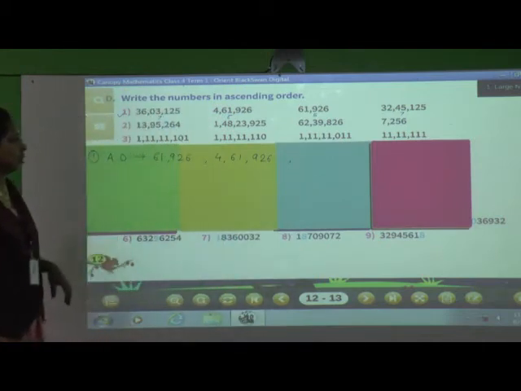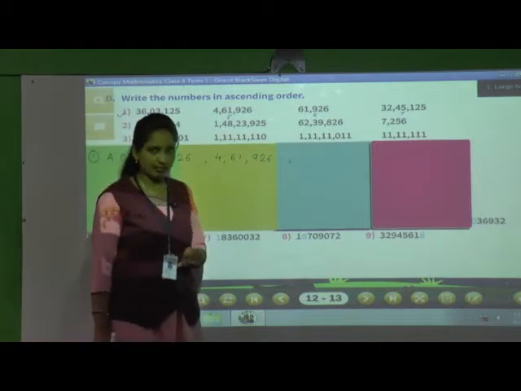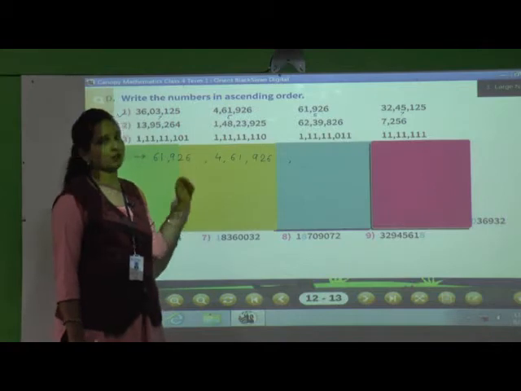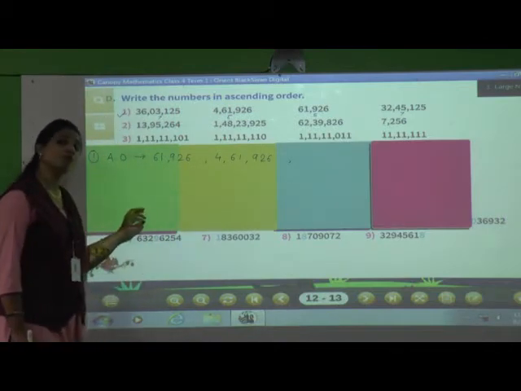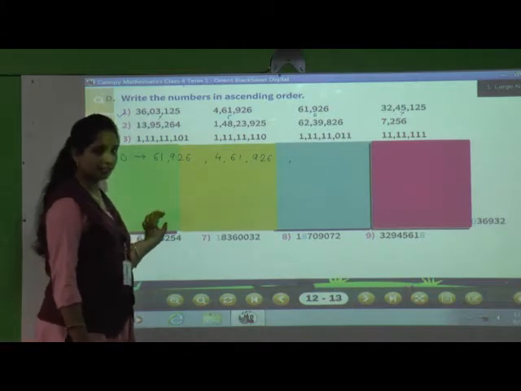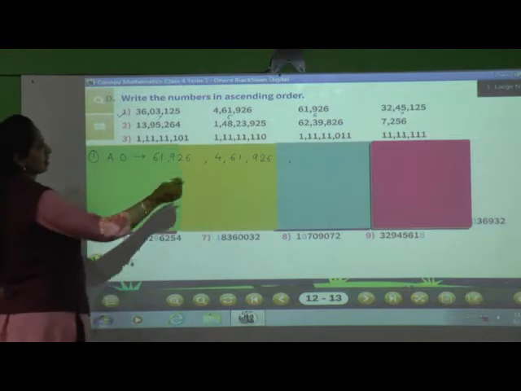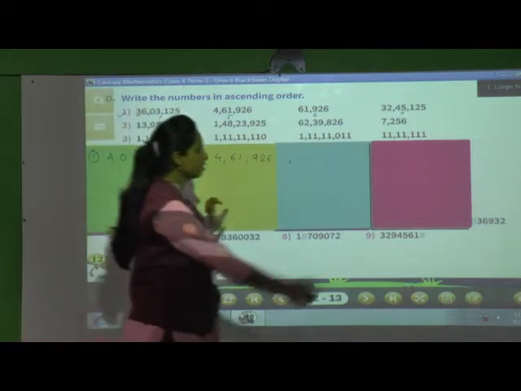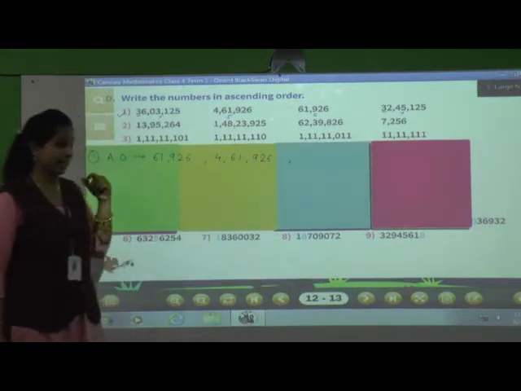Now there are two 7-digit numbers. Which do we have to take first? The smallest only, because we are arranging numbers in ascending order. What have we learned for this? When the digits are the same, you have to underline the first digit, that is the highest place.